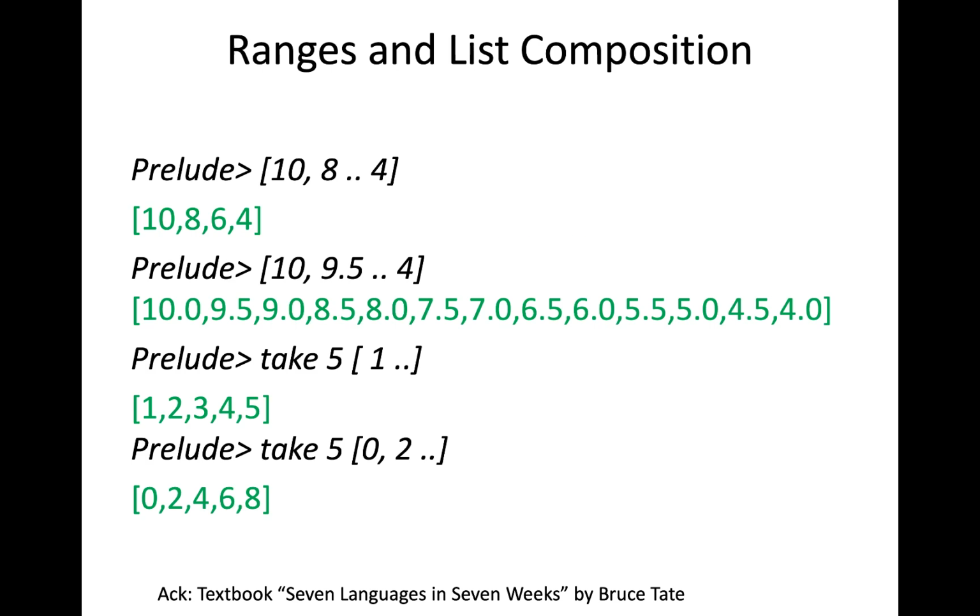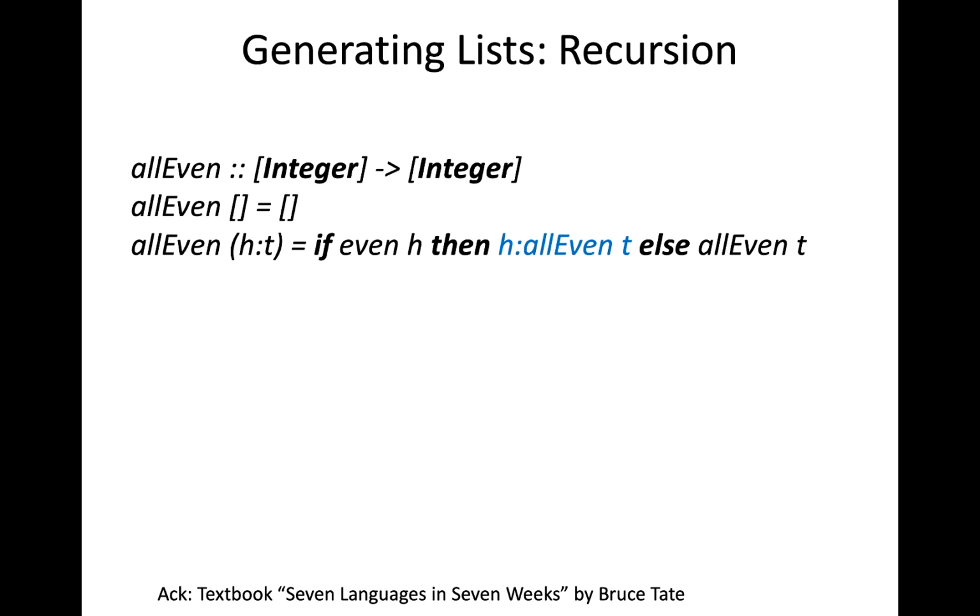Okay, so I think we got the idea, and this also shows, not only do we understand this interesting implementation of an example function all even, we also understand this syntax, how to create a list, how to generate a list. We understand this colon construct, right? Okay.